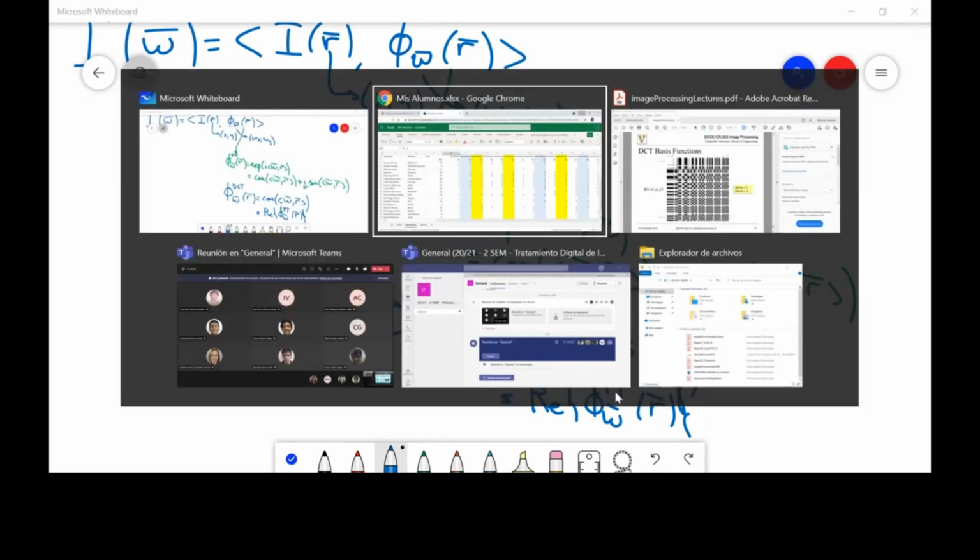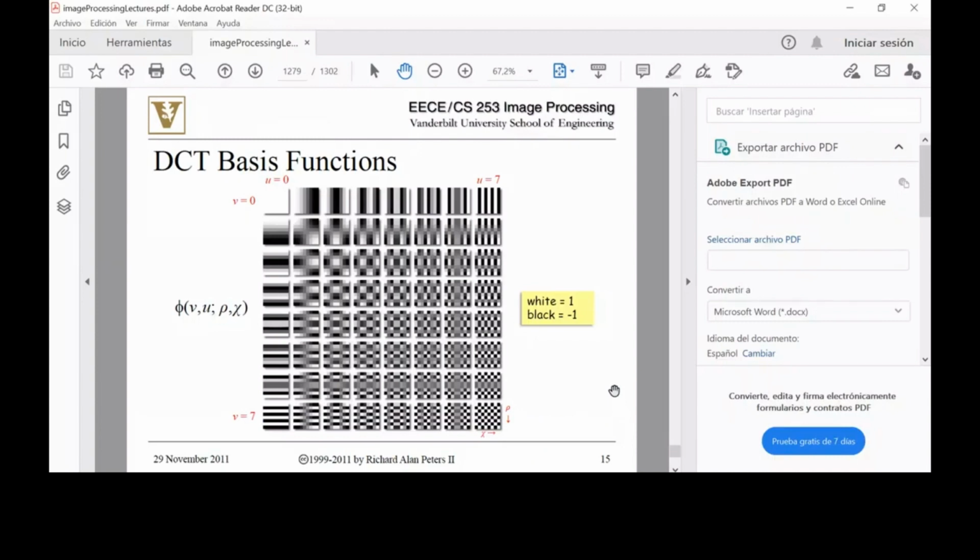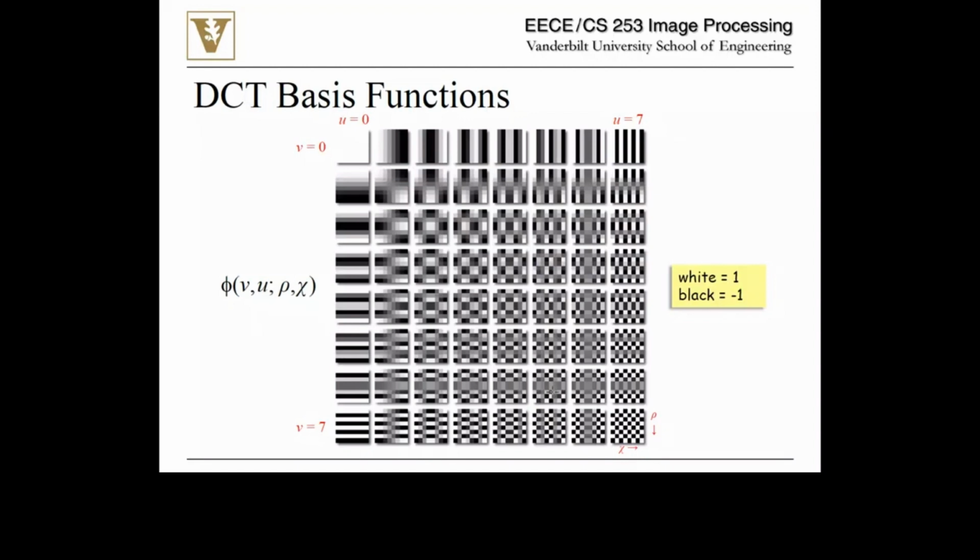But otherwise, everything looks the same. You do the transform in the same way. You have to compute the inner product between the two images. Here we have all the basis functions for all the frequencies.